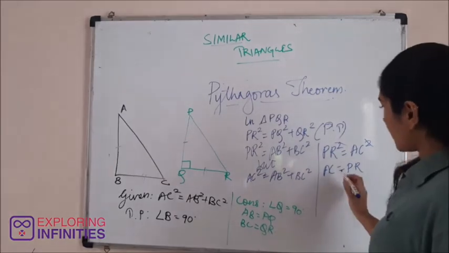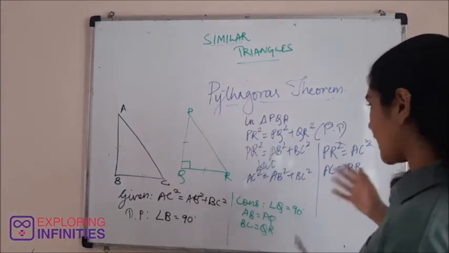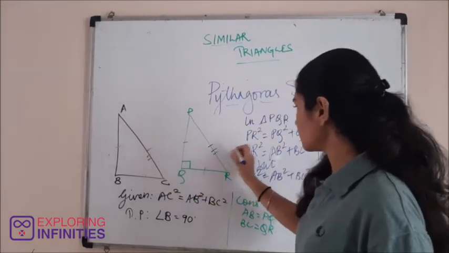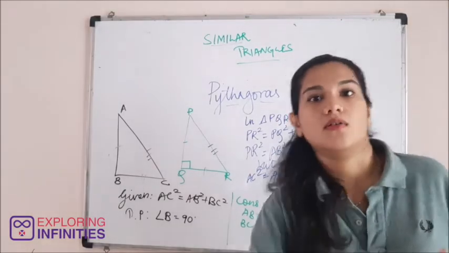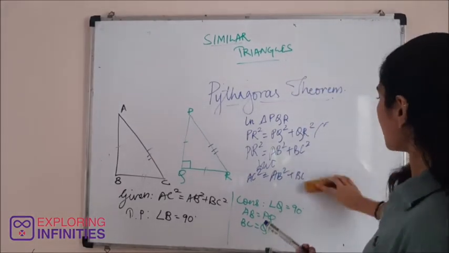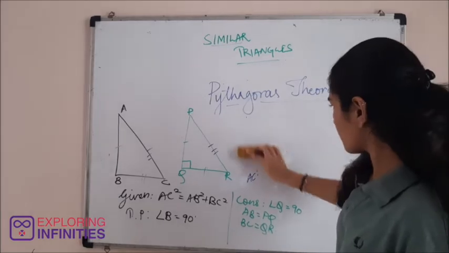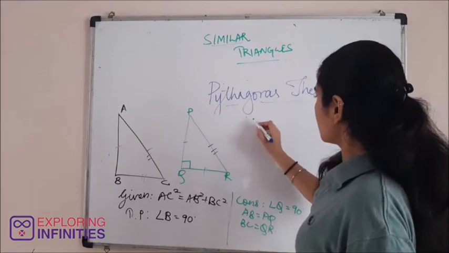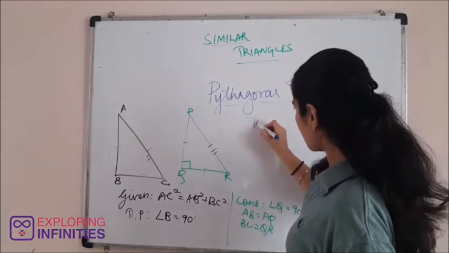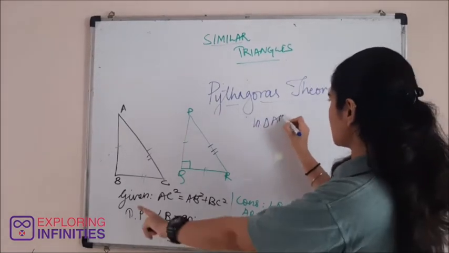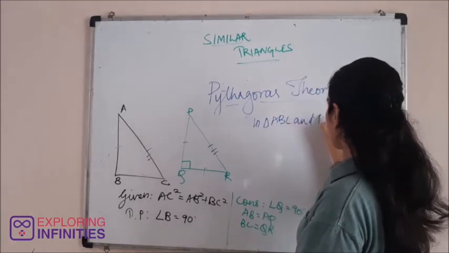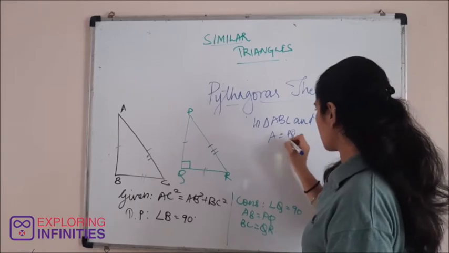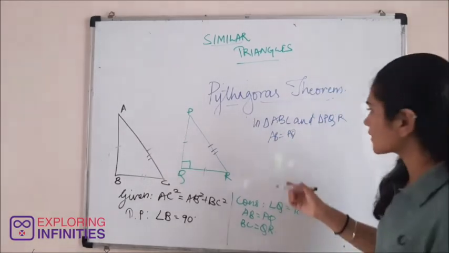Alright. Now we have two triangles wherein all three sides are equal to each other. So what can we prove with that? By the SSS criterion, in triangle ABC and triangle PQR, we know AB equals PQ, which we have constructed in that way.